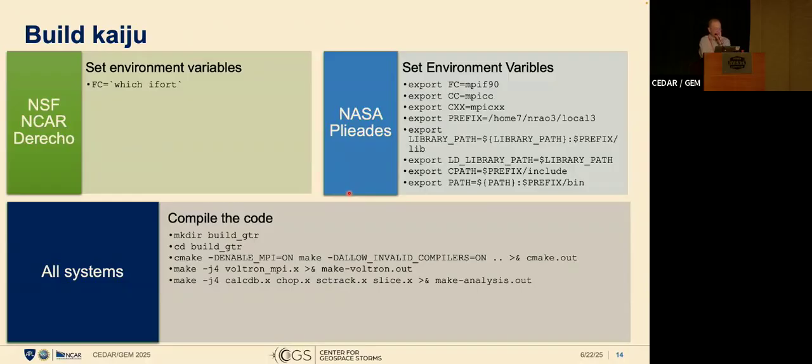On the NASA Pleiades system, you do need to set up the various environment variables for the compiler, and there are actually two directories that come into play for the path for some libraries that we had to build special. And there's this prefix home7 nrow3 local3 directory that comes into play.